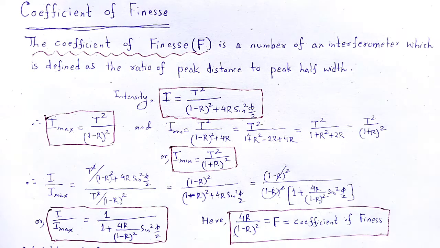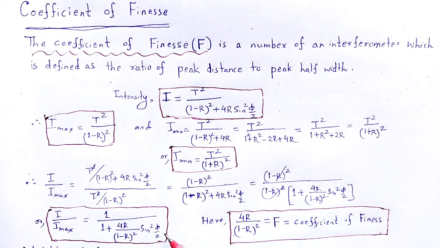Therefore, I by I max can be written as 1 divided by 1 plus F sin square phi by 2.